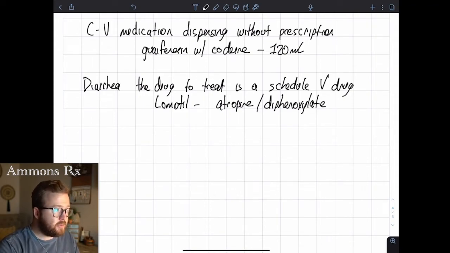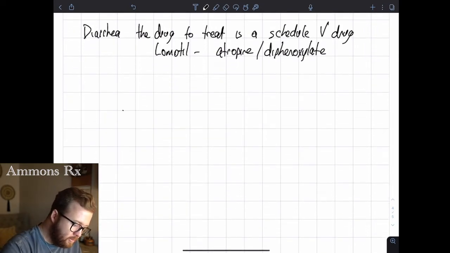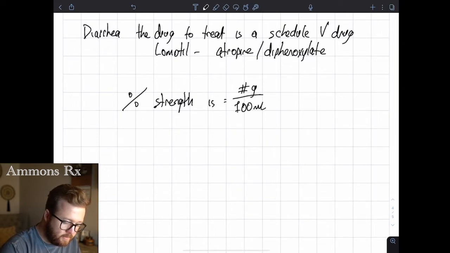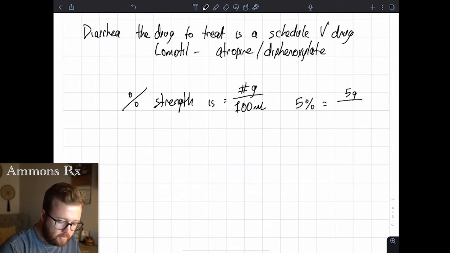Do not forget percent strength. And remember, percent strength is the number of grams over 100 milliliters. So remember, me saying 5% is the same thing as me saying 5 grams over 100 milliliters, right?